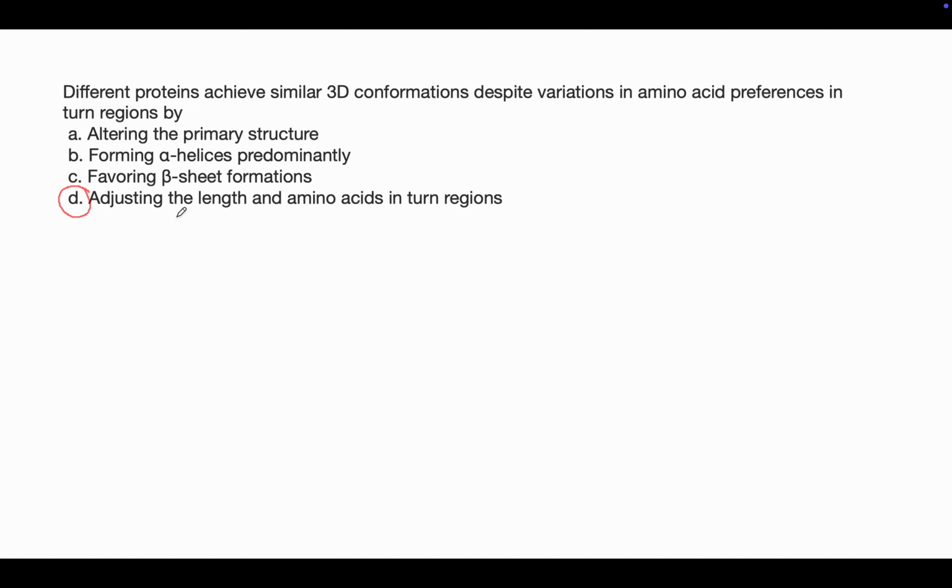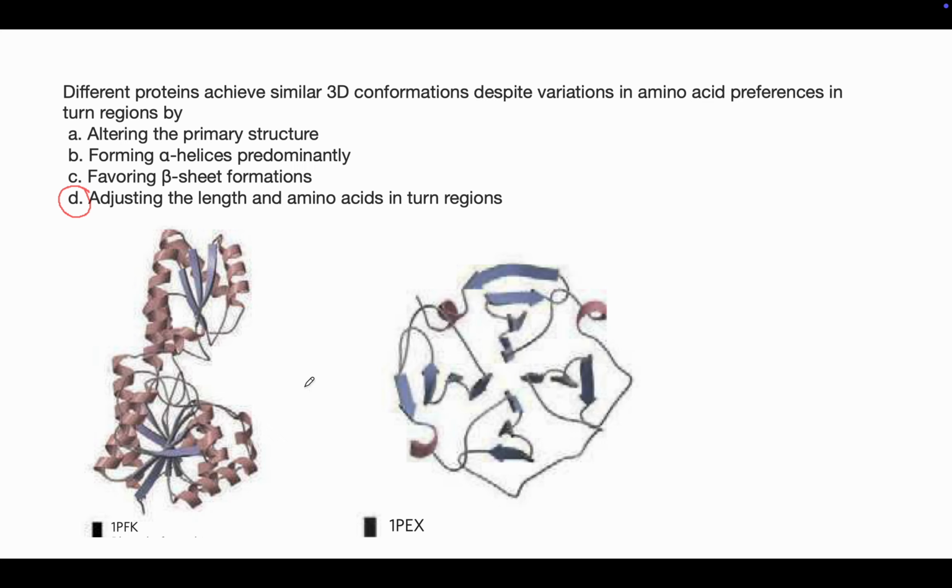Similarly, again the same principle here. If the turn is very steep, then we'll have longer elongated proteins, whereas if the turn is spread out, as you can see here, the angle of turn here is huge as compared to this turn.